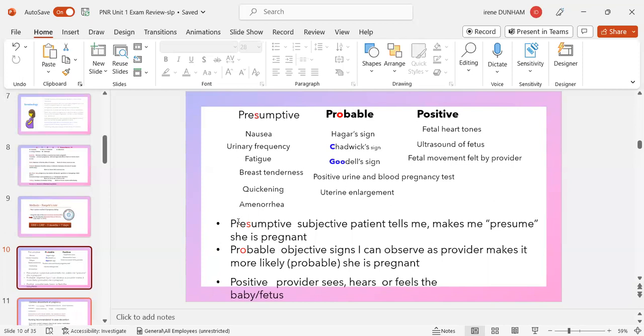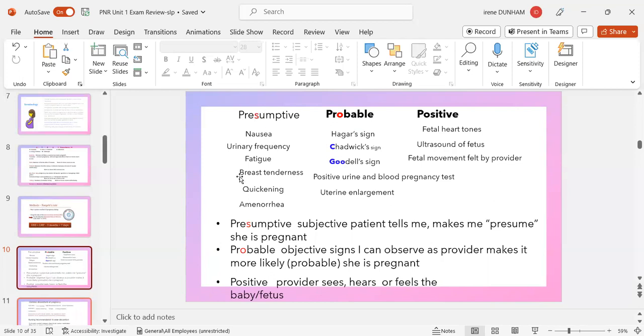So this one says presumptive, subjective. The patient tells me, makes me presume she's pregnant. This is what the patient would feel: nausea, urinary frequency, fatigue, breast tenderness, quickening, amenorrhea, right? That's what she would feel, correct?